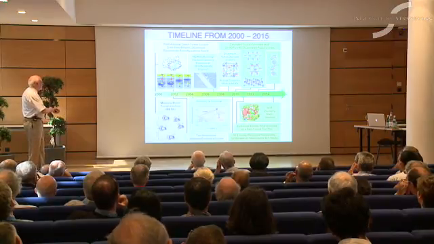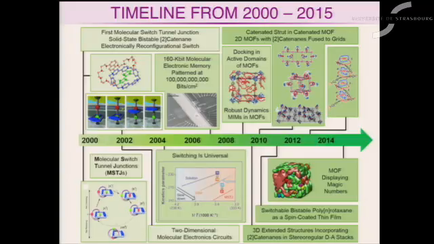We're interested in these switches because we started this whole story way back when I went to UCLA. We already had in our pockets bistable catenanes that could be addressed electrochemically, and they found their way into devices in a collaboration with Jim Heath. This particular one was our first publication describing a microswitch tunnel junction, a single one.